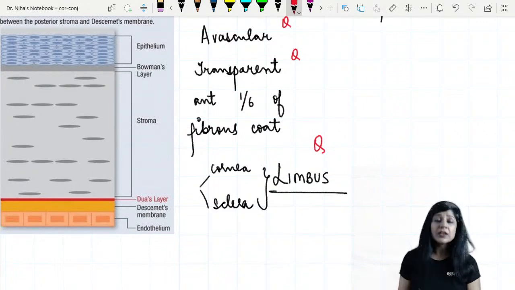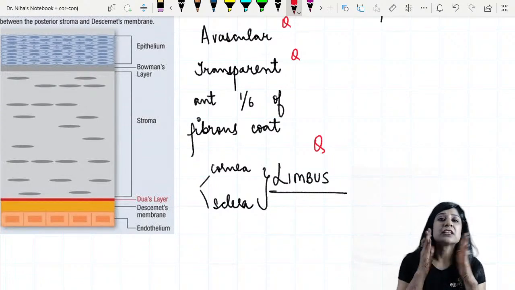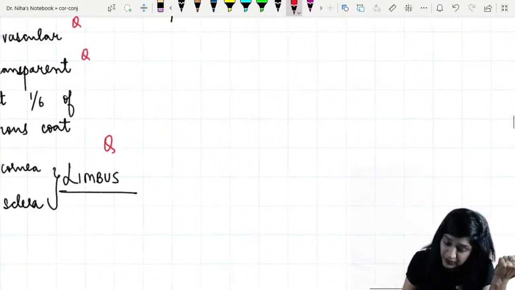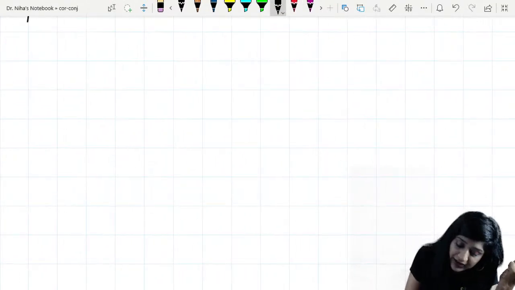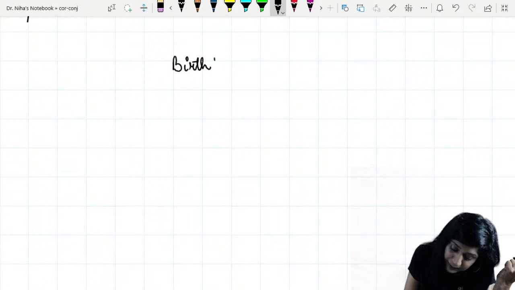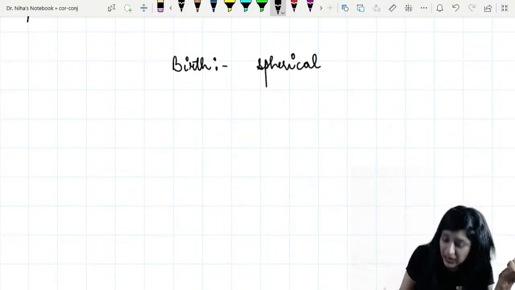Alright. Now, let's look at the shape of the cornea; we'll discuss the shape as well as dimensions, and then we will come to the layers directly. At the time of birth, the cornea is actually spherical, and its dimension is 10 mm.